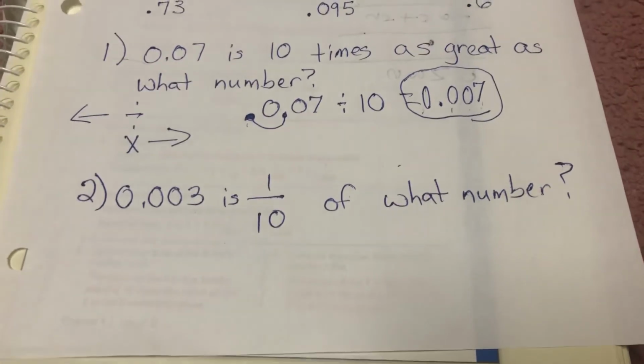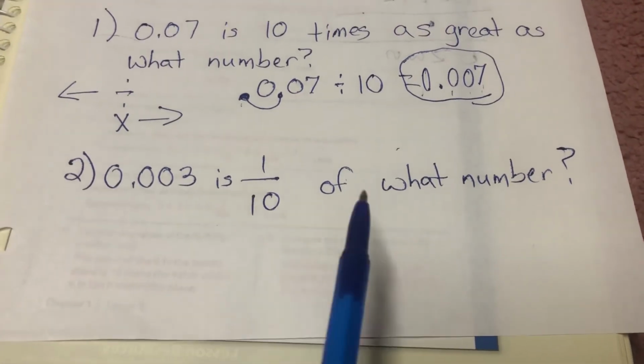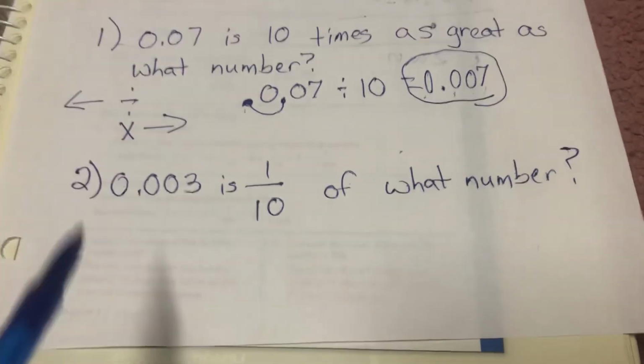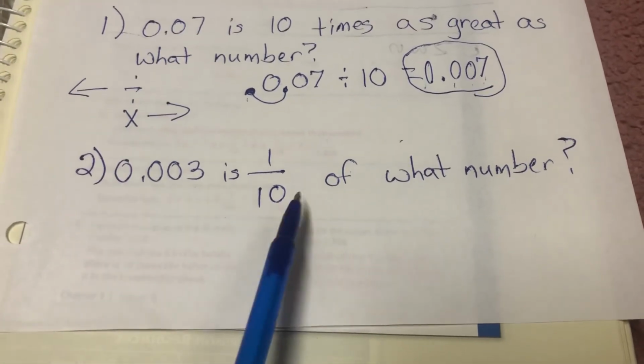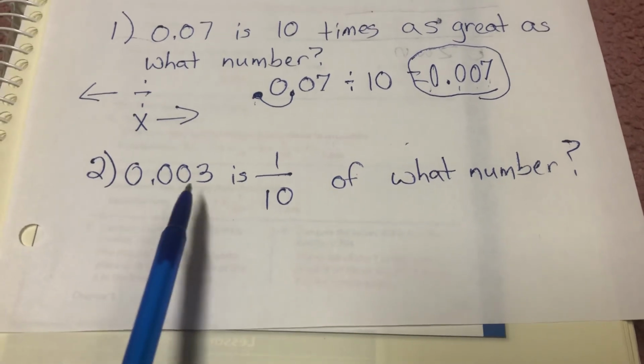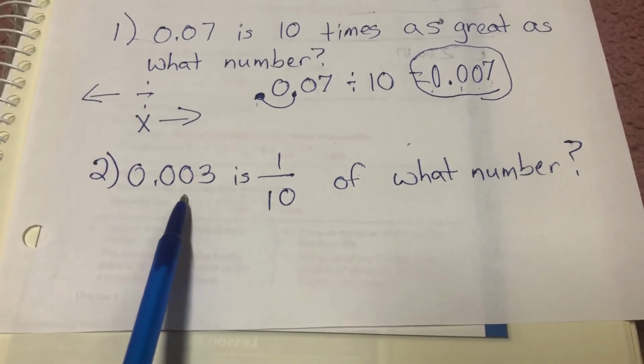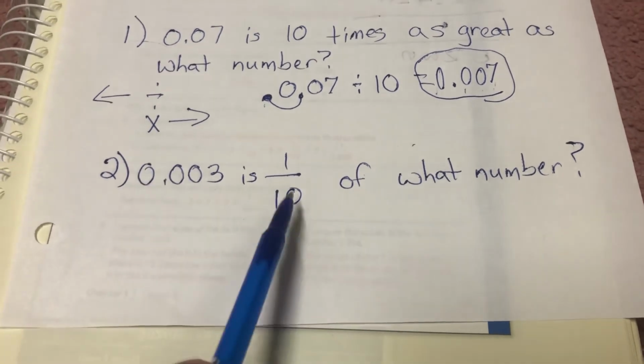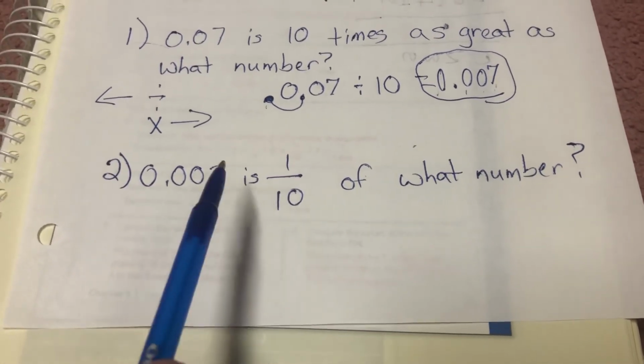Well, remember earlier in chapter 1, when we talked about 1/10 of, this is going to be the smaller number. We're comparing it to a bigger number, and this is just 1/10 of. So since we want to find a bigger number, we're now going to multiply by 10, since it's 1/10 of.